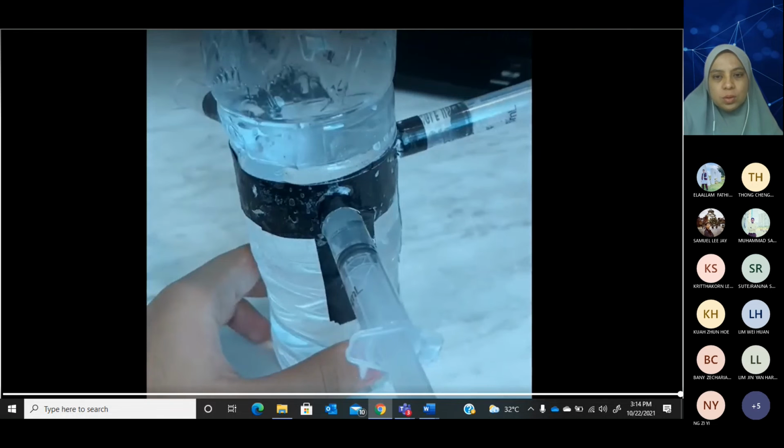Ella, I think you need to send again a better video. What is the problem with this one, miss? Because I think three quarters of the experiment is covered at the bottom. If you can use your phone, I think it will be much better. Because when I uploaded, I used my phone and the video is very clear, the bottom area all can see.